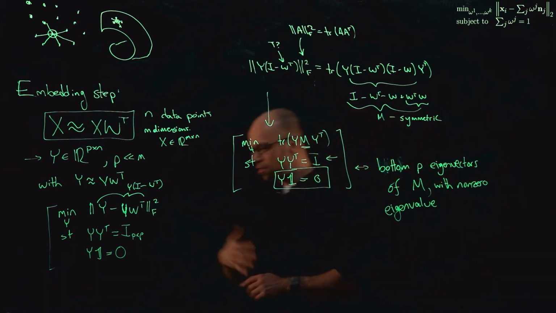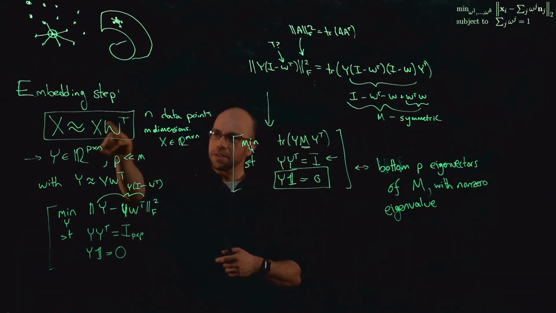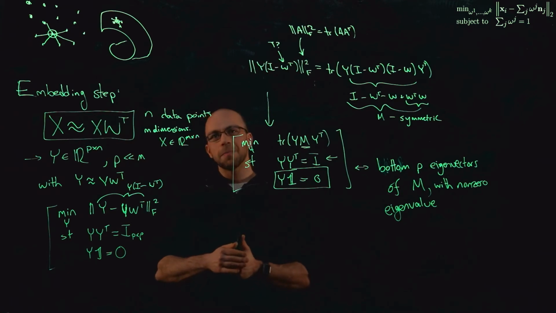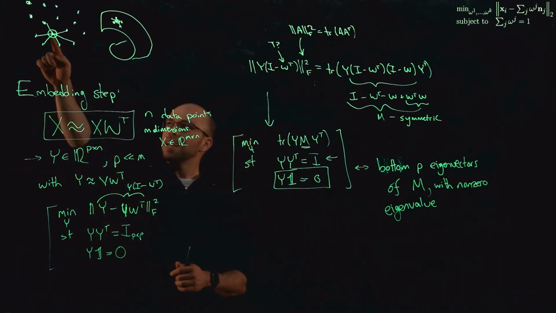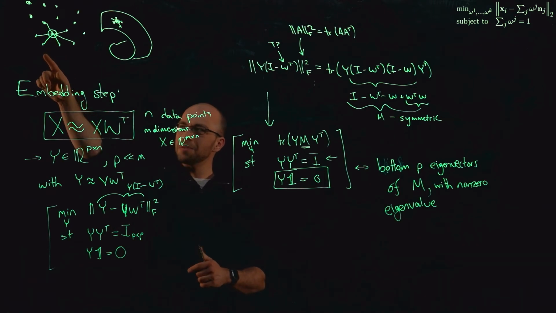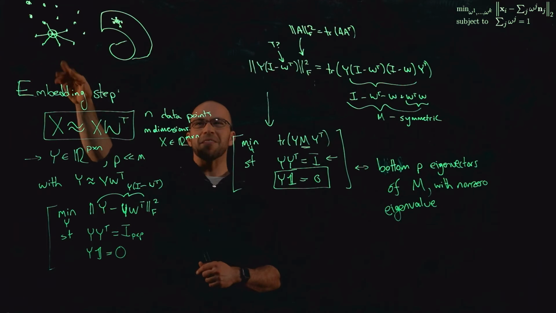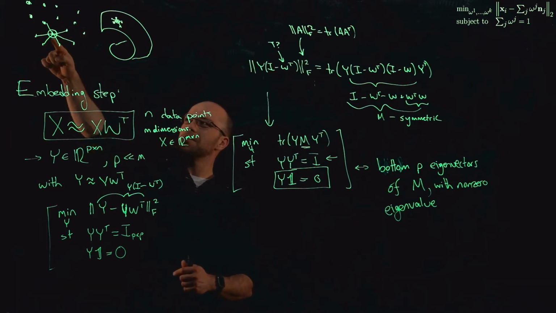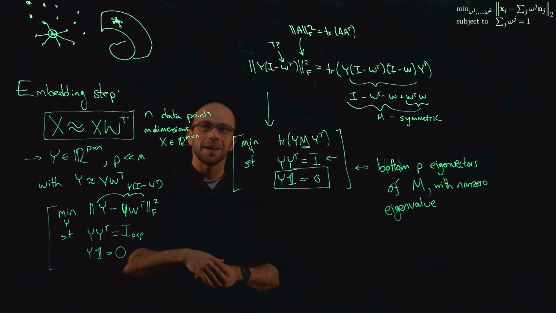Remember that we have these two steps in the LLE algorithm. The first thing that we do is construct a matrix W with the property that it's giving us averaging weights, where every row or column of W, I'd have to think about which, is telling us the averaging weights to approximate each data point with some set of data points nearby.